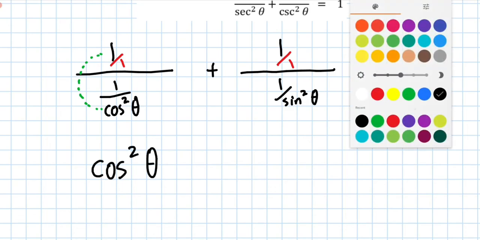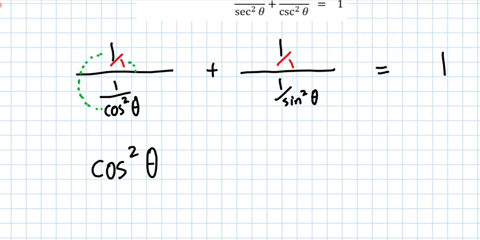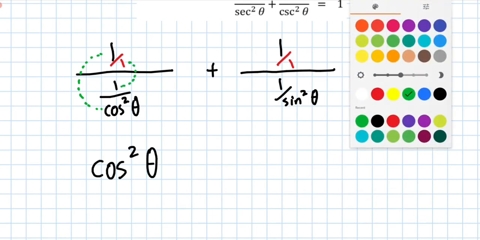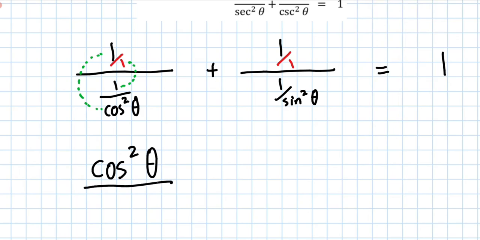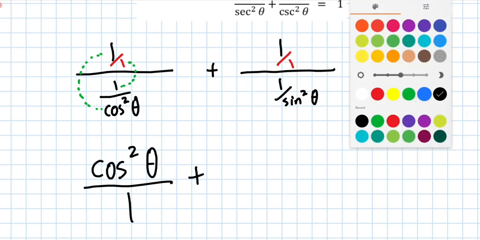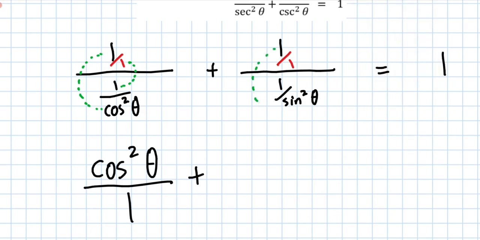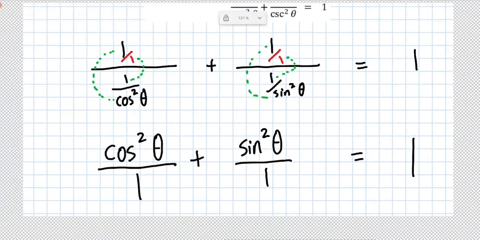And the inside terms, which is 1 multiplied by 1, as the denominator, which is 1. On this side, we have 1 multiplied by sine squared theta and 1 multiplied by 1 as the denominator. So when we write that out, it's simply sine squared theta over 1. And that equals our right side, which is 1.